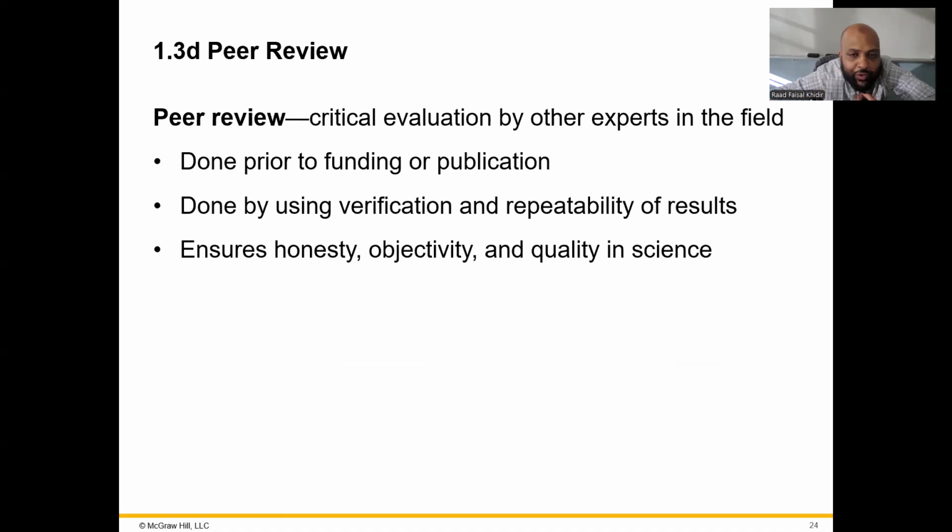Peer review. Peer review is a critical evaluation by other experts in the field, and that is done prior to funding or publication. It is done by using verification and repeatability of results, and it ensures honesty, objectivity, and quality in science. So we take the counsel of other scientists on how they can contribute to the improvement of my experimental design.